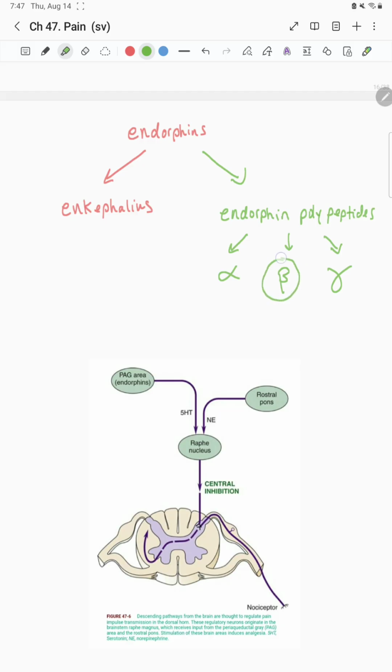The beta endorphins are the most studied.